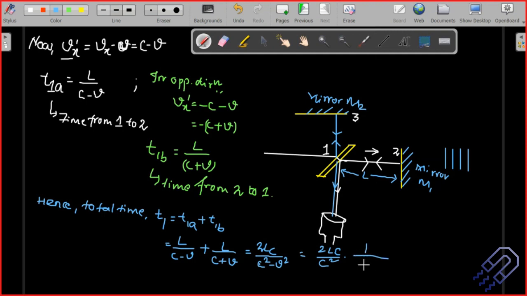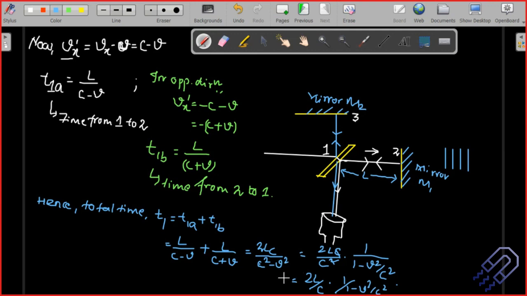You also do your maths. And c square can be taken outside, so this will be 1 minus v square divided by c square. Okay, so if you do that, we can cancel this out. So we basically have the relation as 2L divided by c into 1 divided by 1 minus v square divided by c square. So let's keep this relation in store.